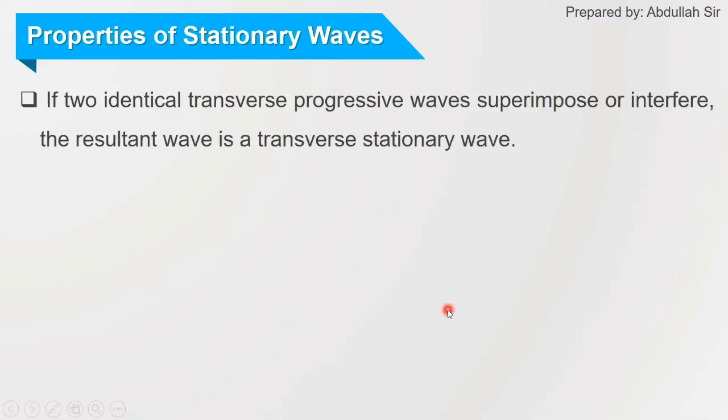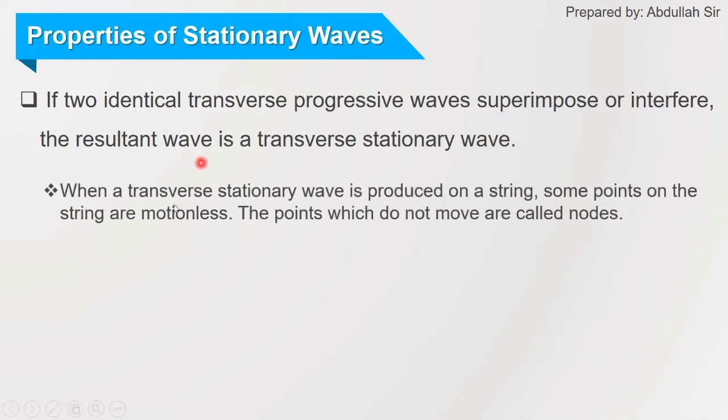The next property of a stationary wave: if two identical transverse progressive waves superimpose or interfere with each other, the resultant wave is a transverse stationary wave.